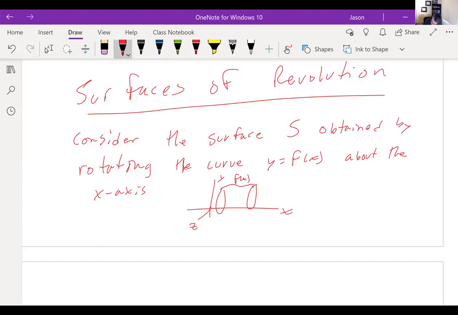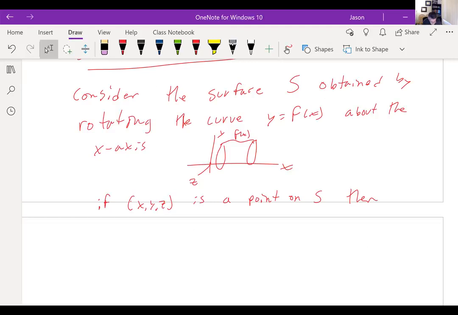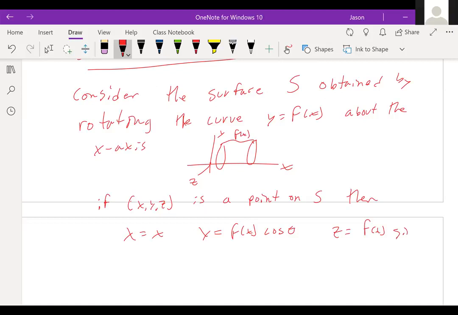If x, y, and z is a point on the surface S, then we can parameterize this as x equals x, y equals f of x cosine theta, and z is equal to f of x sine theta.